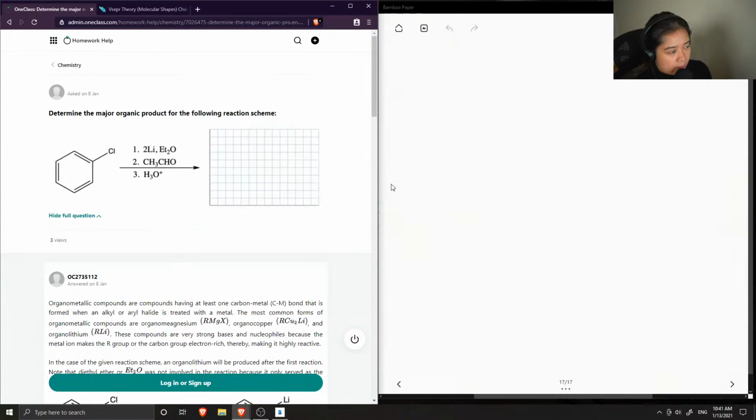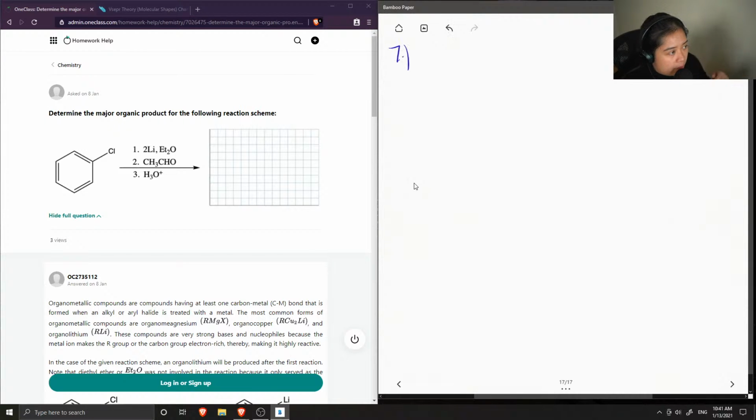Okay, so question number 7. Determine the major organic product for the following reaction scheme. So we have this benzene group that contains a chlorine, which is a good leaving group.